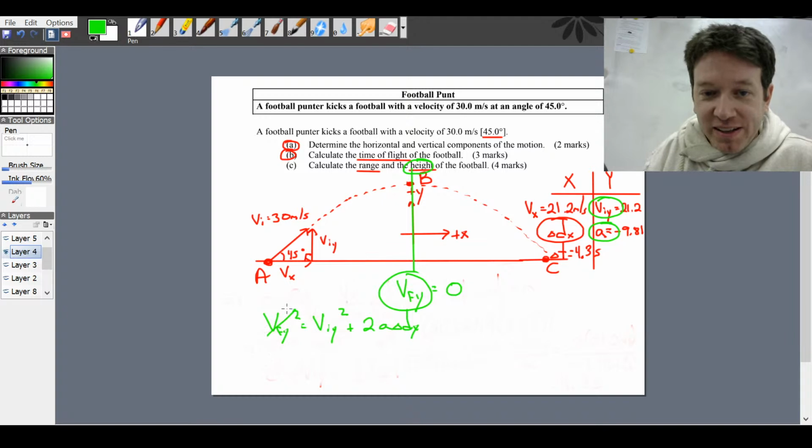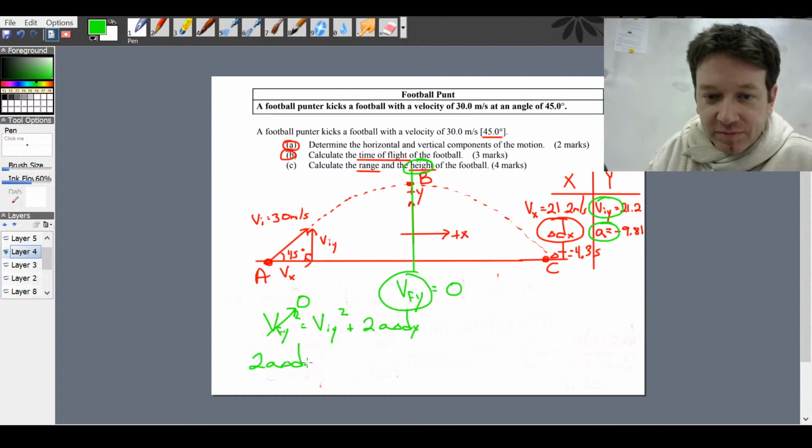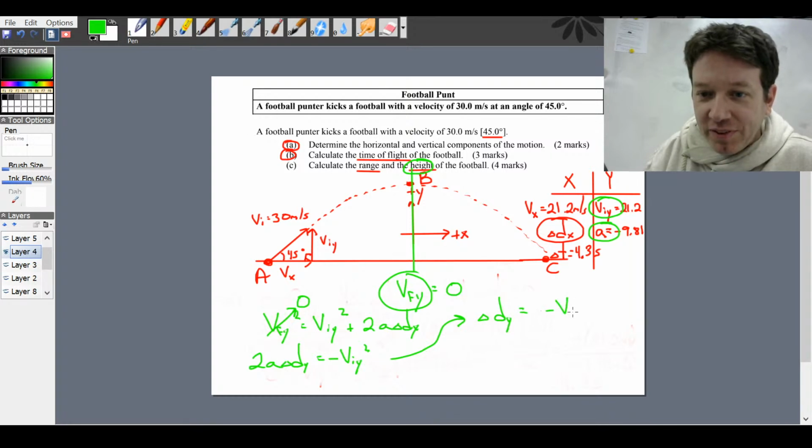Okay, so this term is 0. Now we're just rearranging. Bring one term to the other side. So we have 2a delta d is equal to negative Viy squared. And then divide by 2a. Let's move over here. So we have delta d, or our maximum height, is going to be minus Viy squared all over 2a.